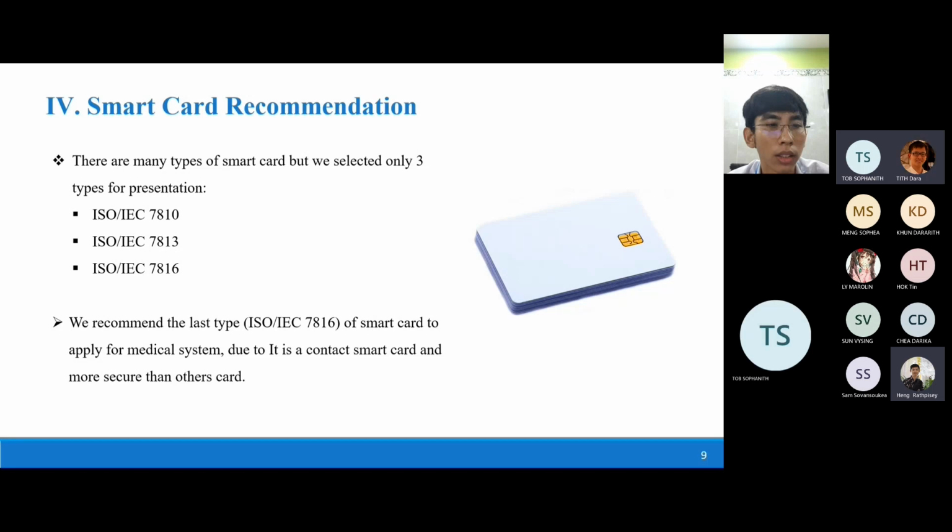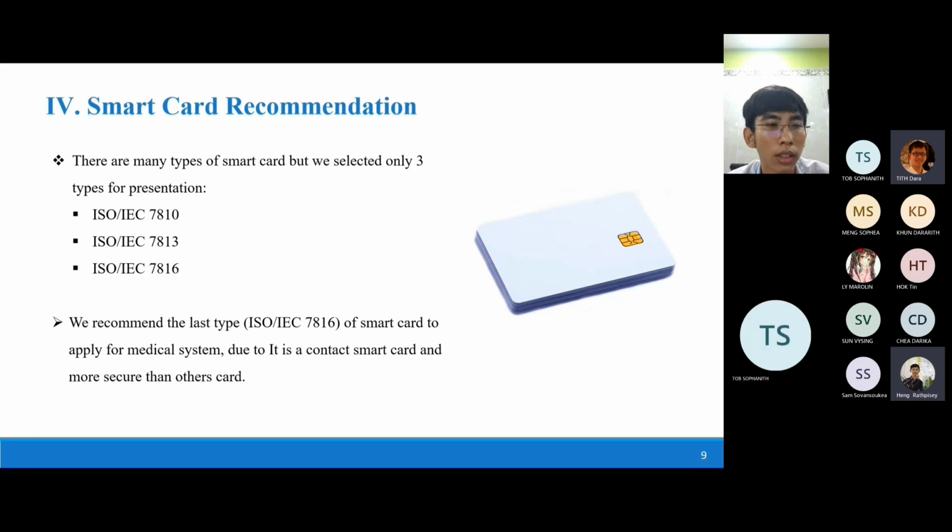Okay, so I think Pandit maybe had difficulty explaining, and I want to make it clear because time is up already. The cards 7810 and 7813 work well. Actually, the 7816 uses the IC card, the microchip, but 7810 and 7813 are used for identity, not for cryptography.